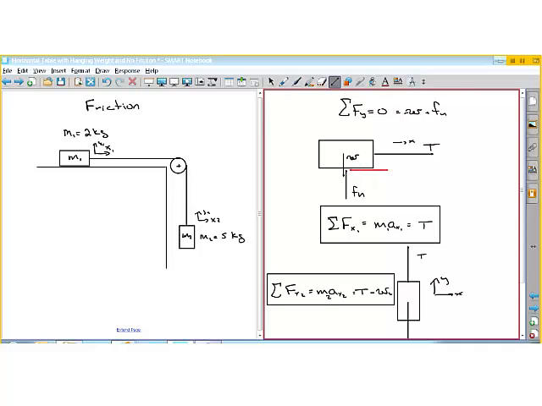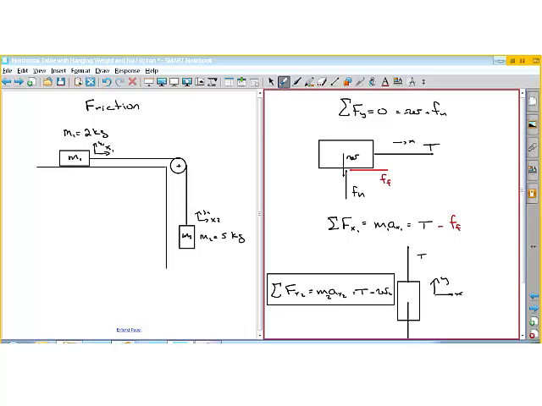Now we have a friction force that's pushing in the opposite direction of the motion. So this equation, instead of just being the tension, we're going to have minus F sub F, the friction force. So we're introducing one more unknown, so we're going to need one more equation at some point.